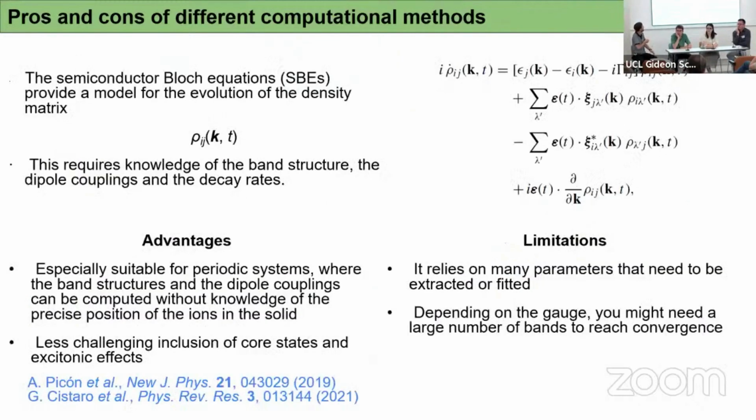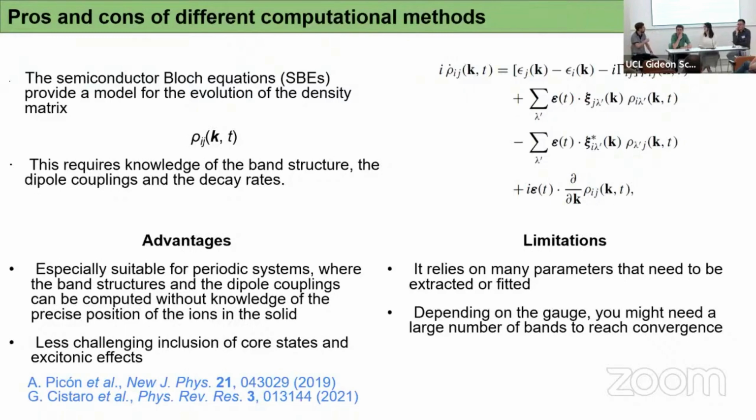Now, on the other hand, if you look at the semiconductor Bloch equations, in this case, you have this set of equations. It does not require the determination of an exchange correlation potential, but it requires fitting all these parameters, right? All the dipole couplings and the energies. And so you must have fitted all these parameters, which for larger systems can become tedious.